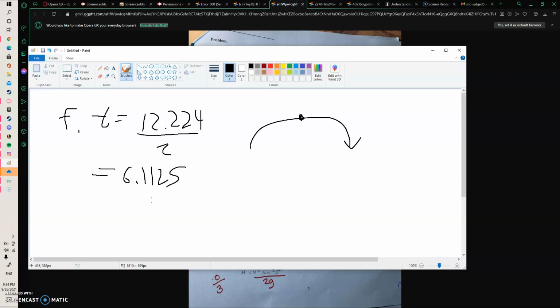And then we're just going to do this. For the maximum height, we're just going to add all of these together.